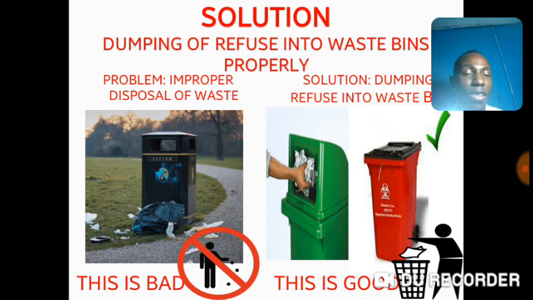As we can see on the picture on our right, someone is dumping refuse or rubbish into the waste bin and dumping it properly with the waste bin covered. This is a nice or an acceptable or a good way of dumping refuse.